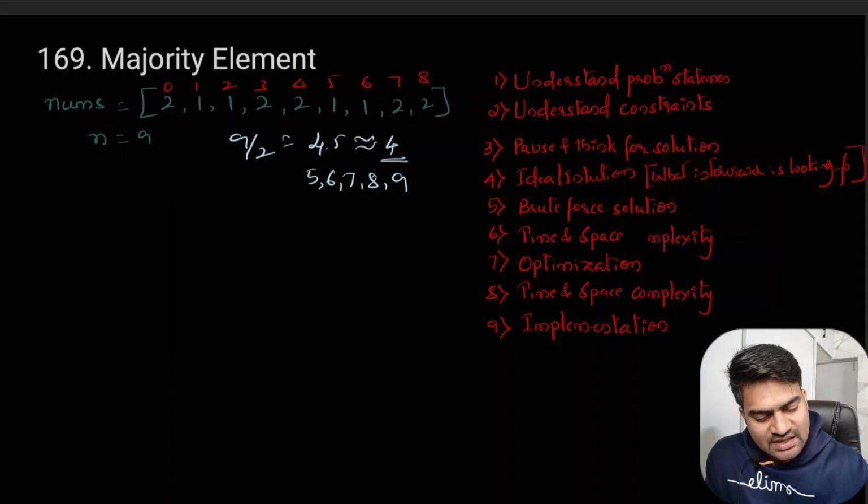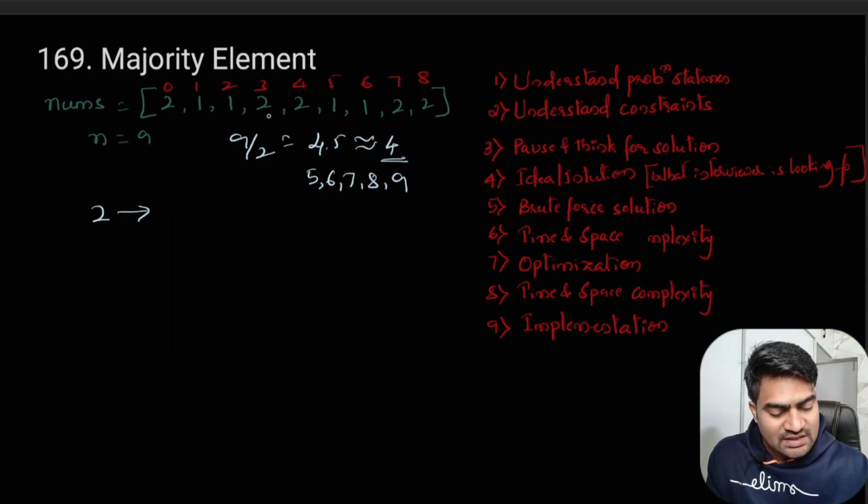In this case, I will start with 2 and count the appearances of 2. So 2 appears 1, 2, 3, 4, 5 times. Now this is greater than 4, so it means 2 is our majority element. This is the best case, where we got the first number as our majority element.